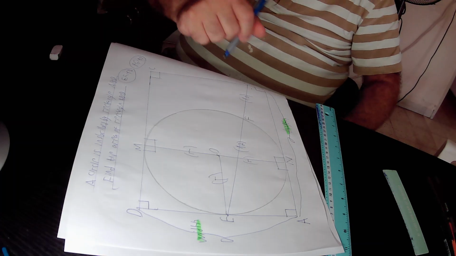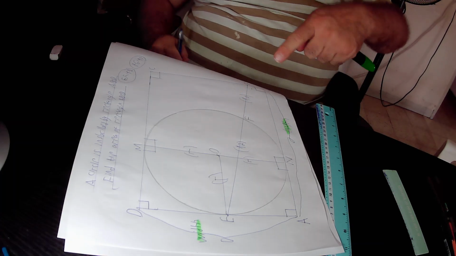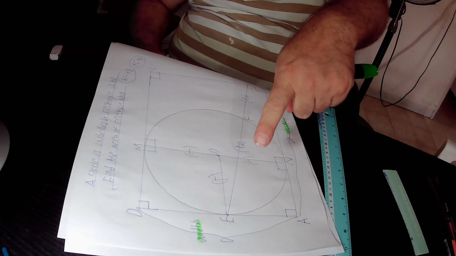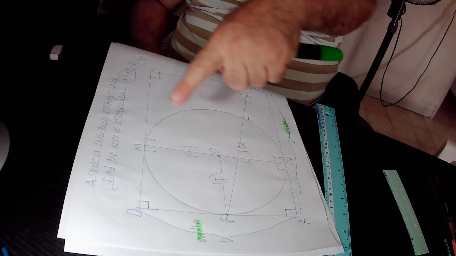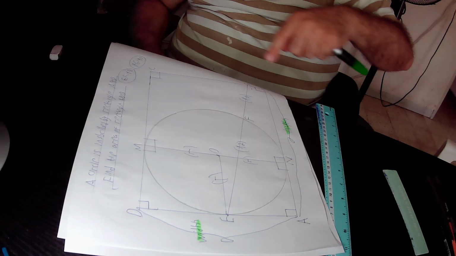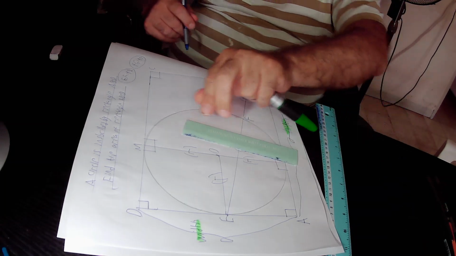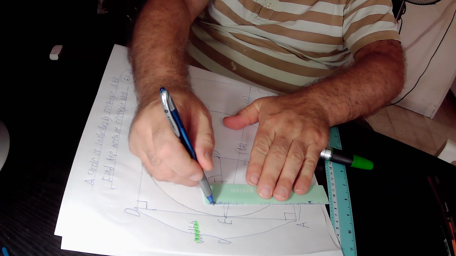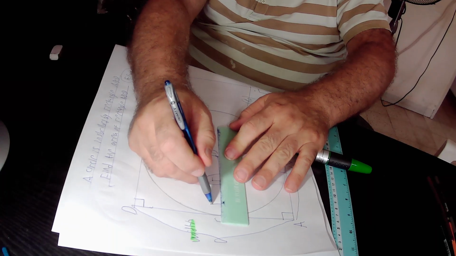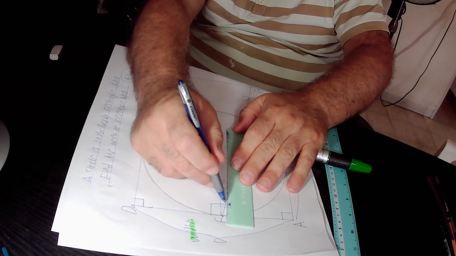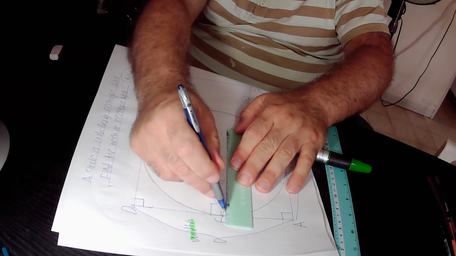Whenever your radius is drawn to the point of tangency, then tangent DA will be perpendicular to the radius EO. If DA is perpendicular to EO, it means that this angle equals 90 degrees. And this angle also equals 90 degrees according to the same rule, rule 1.